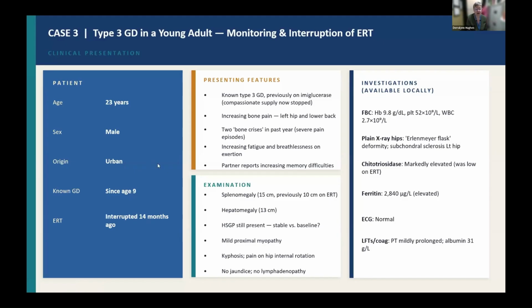He still had supranuclear gaze palsy, some myopathy, kyphosis. And his blood workup showed that he was anemic and thrombocytopenic. He had classic Erlenmeyer-Flask deformity, some other changes on plain X-ray of the hips, and some elevation of biomarkers.